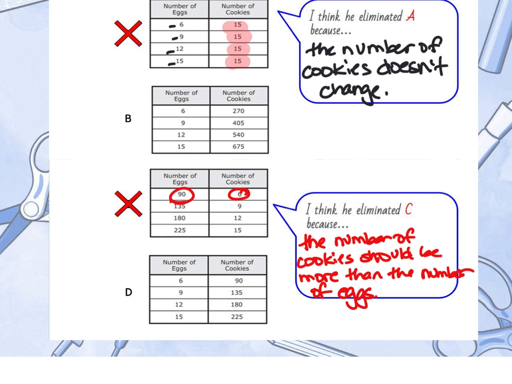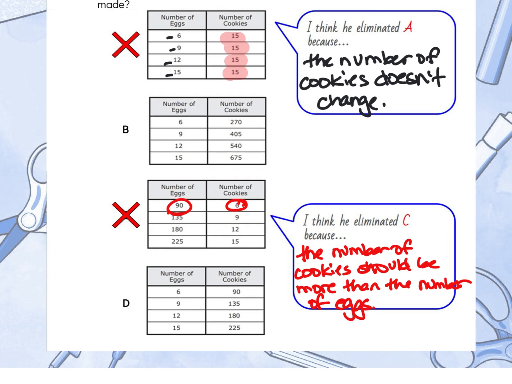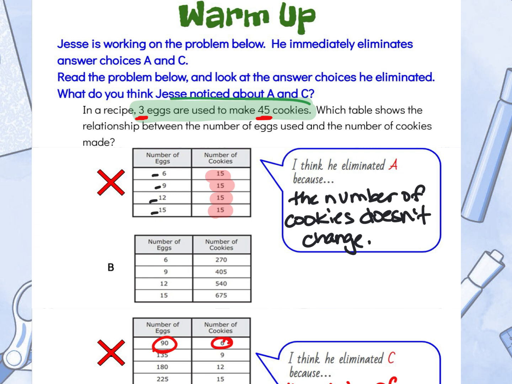Okay. All right, so he's already got 2 answer choices eliminated, and that leaves either B or D. So if we want to figure out which of those is the correct answer, then we need to go back to this ratio, right? So 3 eggs should make 45 cookies.